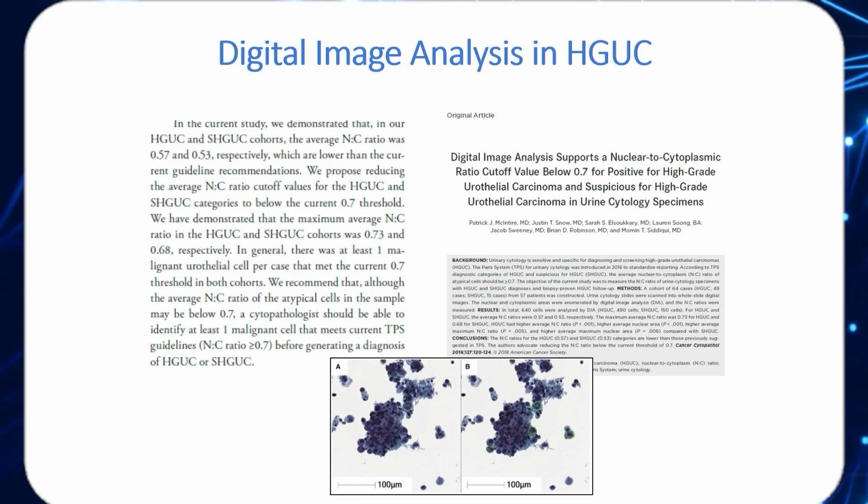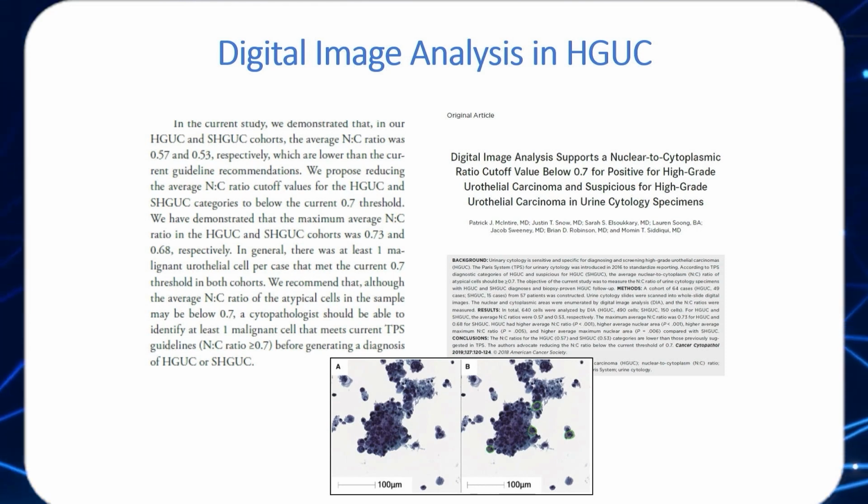So can digital image analysis help us? It certainly can. However, how many people have that available in their practice or have the time to use it on, say, 100 cases on a day? In some practices that can happen. So again, it has its utility to address NC ratios.